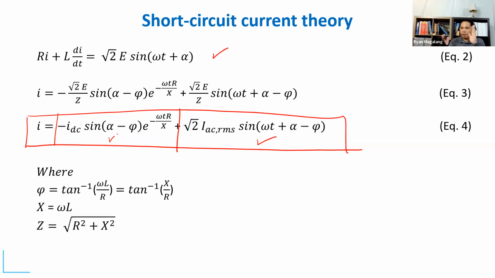Meaning, during this time period, your relay, your breaker, your fuses are seeing both the DC part and the AC part of the fault. So your fuses, your MCCBs and your fast relays will try to make tripping decisions during this time. So it's important to consider the DC part.